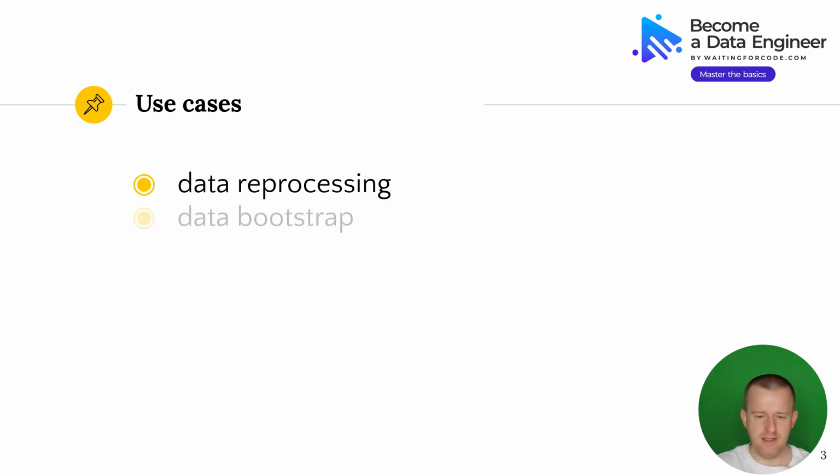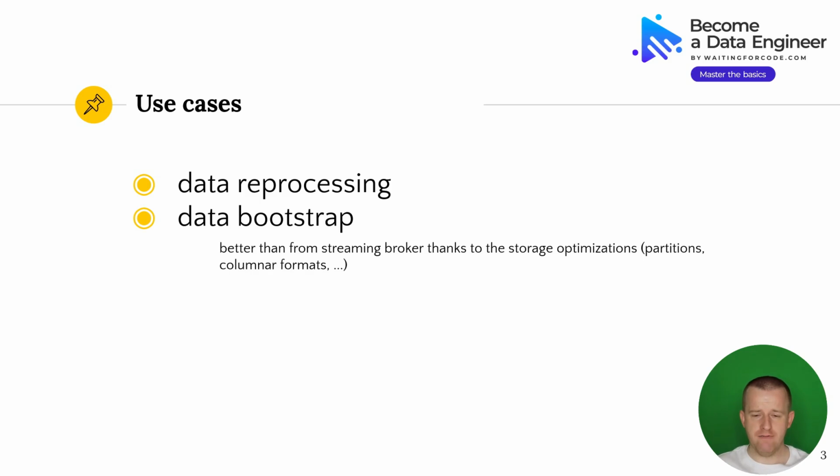Another one is data bootstrap, so starting a new environment. Here too, if you have some storage optimizations like a partitioned data store, or maybe you are using columnar data formats, then starting a new data set will be much easier because you can easily target the specific time boundary thanks to the partitions.